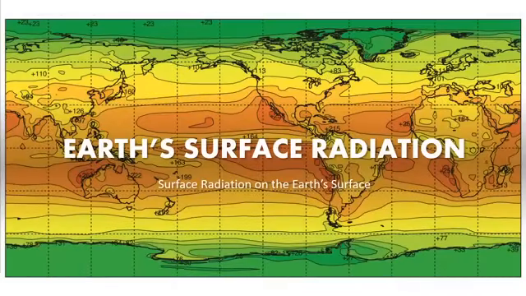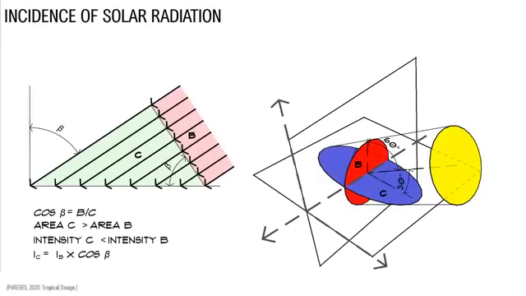Okay. So when the radiation heats the earth, it becomes surface radiation, but it can come in many forms. But before we discuss that, the amount of energy that reaches us is basically something to do with the surface incidence.